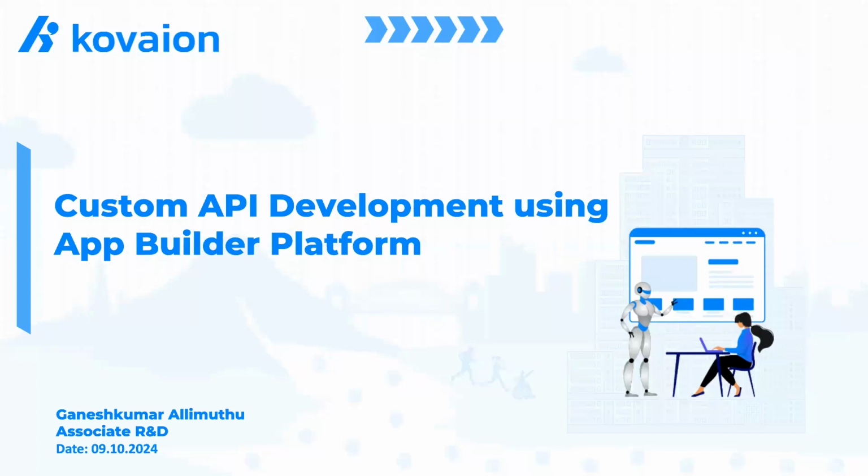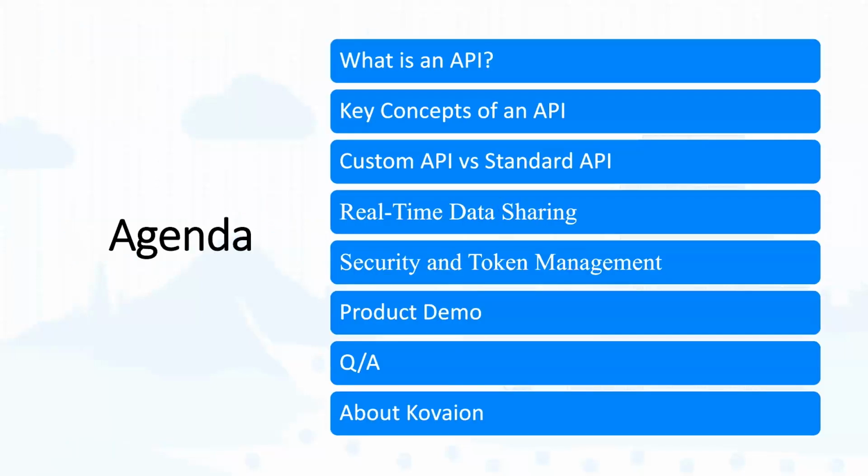Let's get started. Today's agenda: first, what is an API? I'll give you a basic introduction to what an API is and how it works in modern applications, followed by the key concepts of an API.